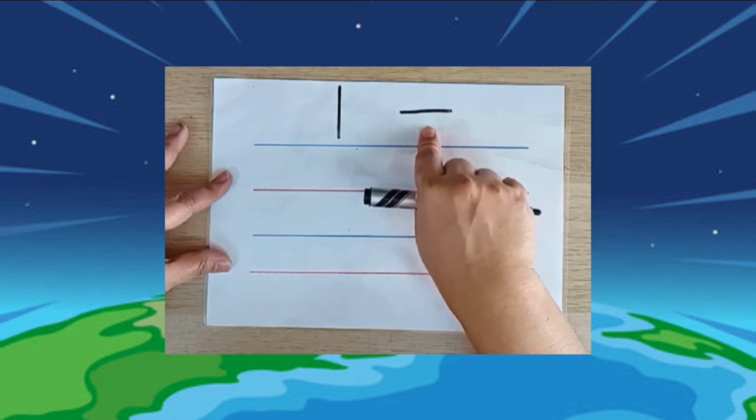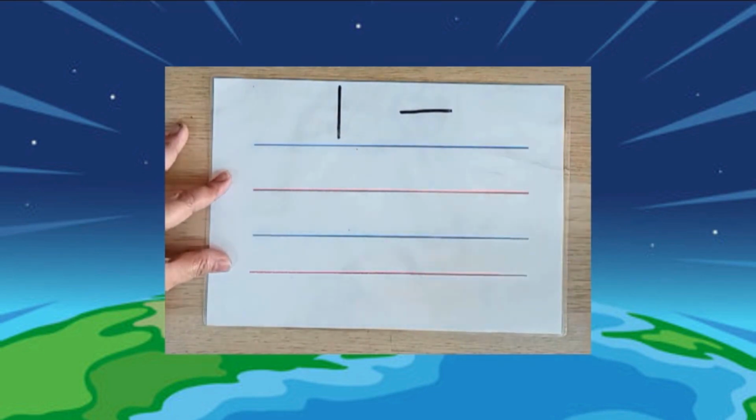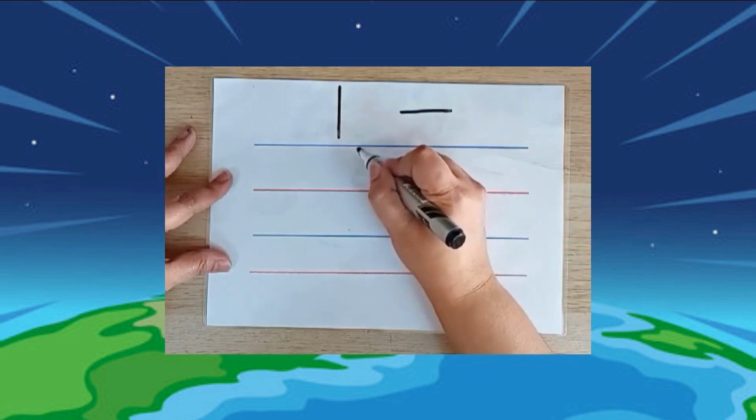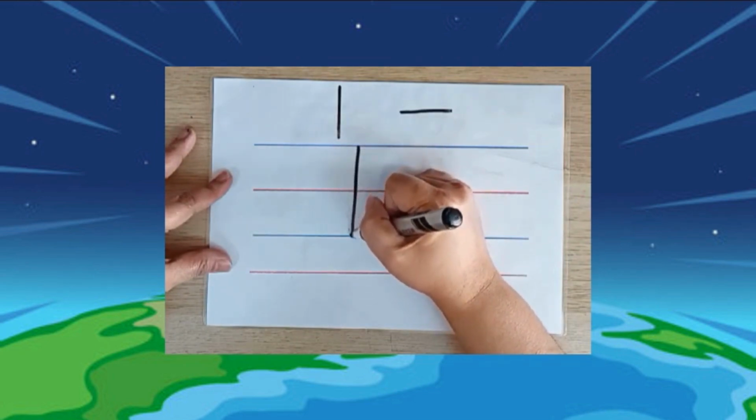Let's now write our uppercase E. We start at the top with our standing line or the vertical line. From here, going here.